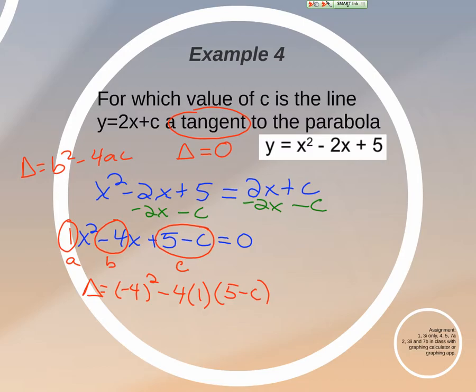It's going to take us a couple steps here, but we're going to try and simplify this all out. So 4 squared is not bad. That's 16. 4 times 1 is 4. And then to get rid of those parentheses, I can distribute that negative 4. So I have 16 minus 20 plus 4c.